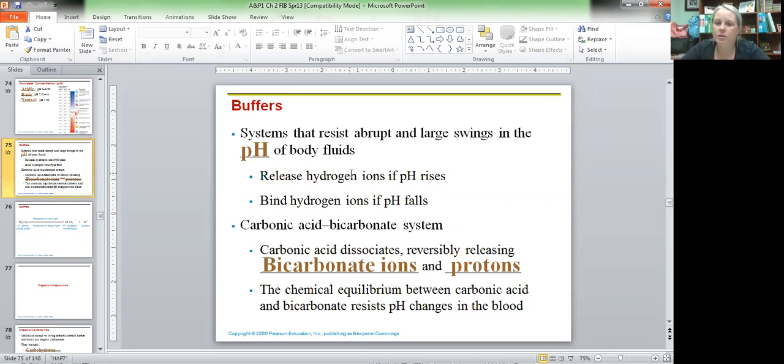So a buffer system is trying to keep it neutral, because in the body, you definitely don't want things acidic, but there are even times you really don't want things very basic either, because that can cause trouble as well. So buffer systems are there to help reduce the changes in the pH of those different body fluids. Okay. One of the main buffer systems that your body uses is the carbonic acid bicarbonate buffer system.